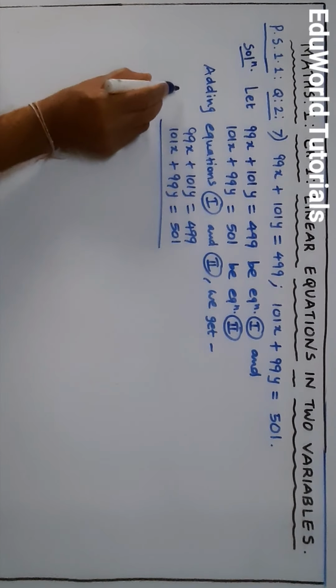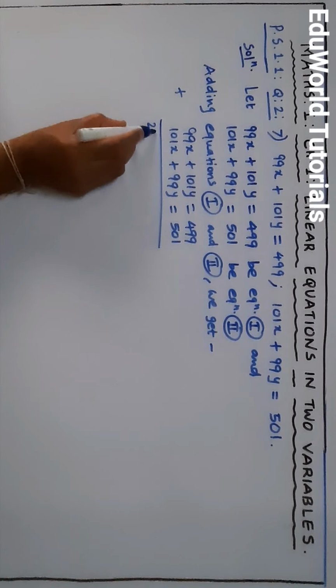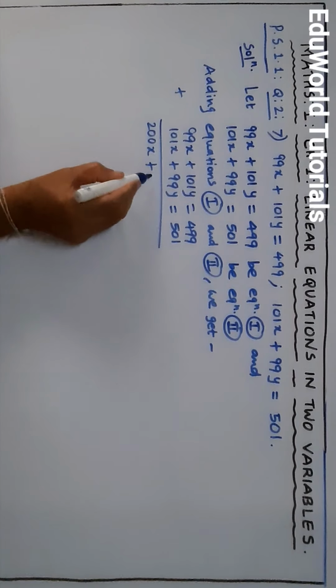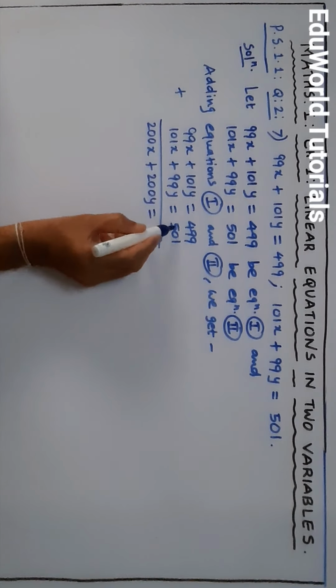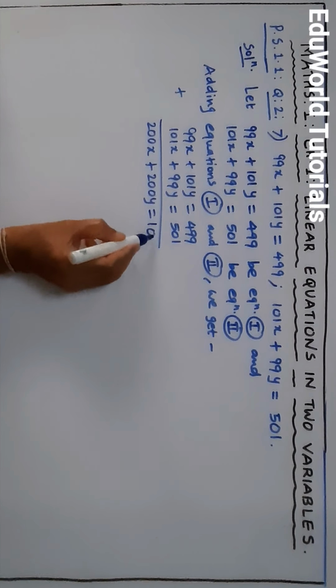When we add them, 101 plus 99 makes 200x plus, both are positive, 200y, and when we add 499 plus 501, that is 1000.